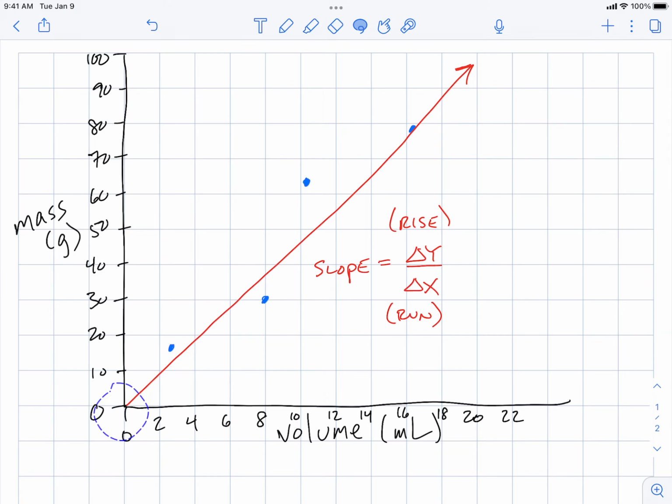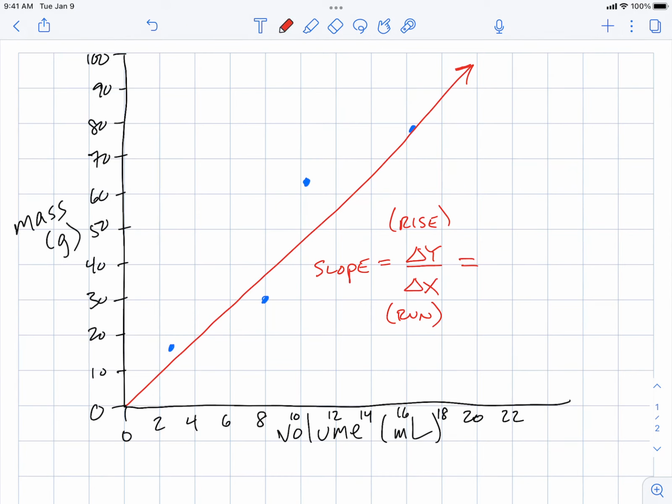Okay? Now, once you pick two points on the line and calculate your slope, what does it really tell us? Well, all of these numbers that we have on our graph came from our lab, and so these points that we measured, the mass and the volume, those are measurements. If we look on the y-axis, what do we have?